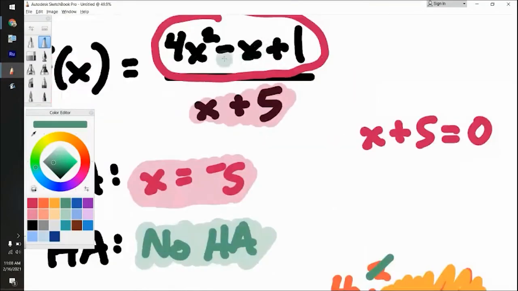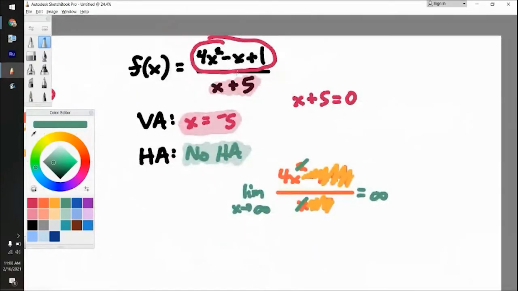So moral of the story, I would write this down. If the power on top is bigger, there's no horizontal asymptote. I'm going to write that down.